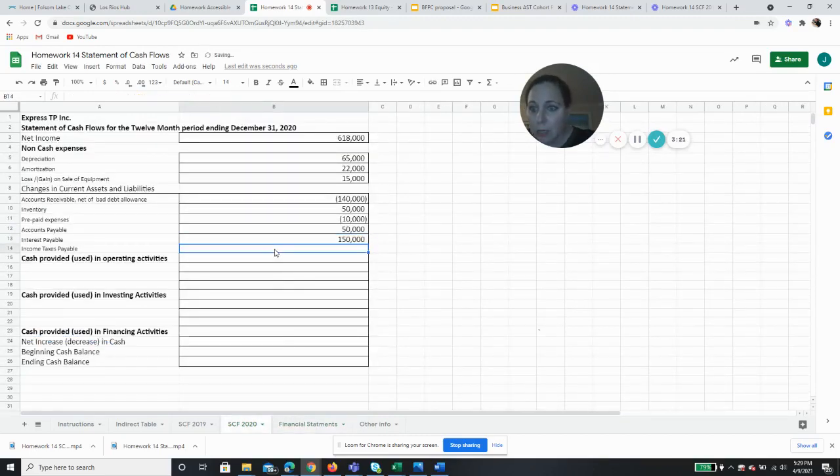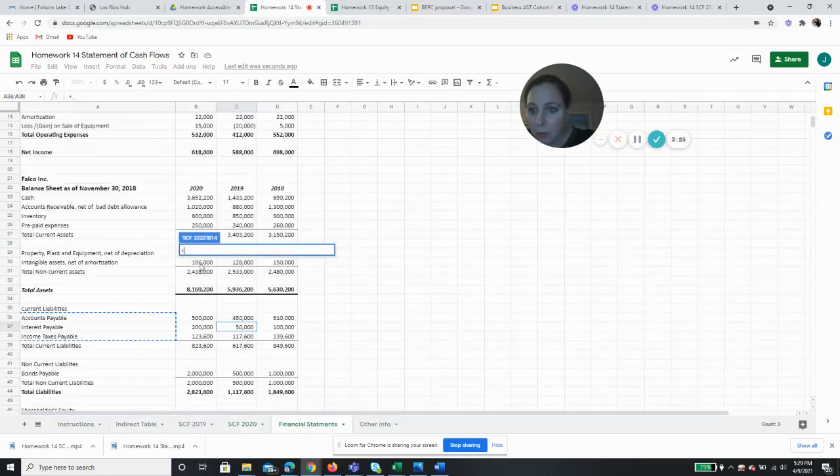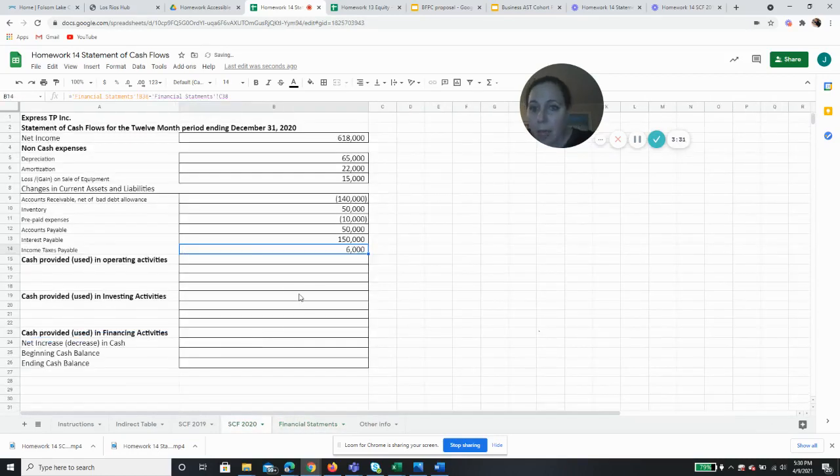And we're going to do the same thing for income taxes payable, 2020 minus 2019.